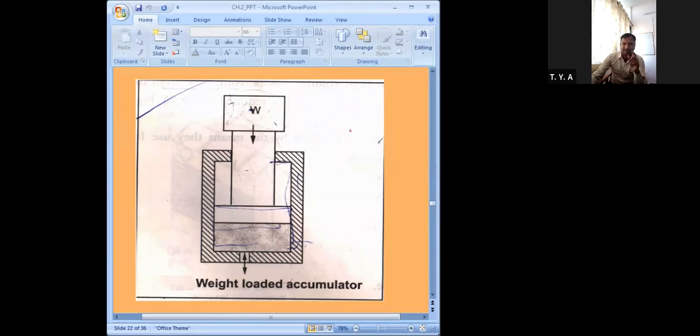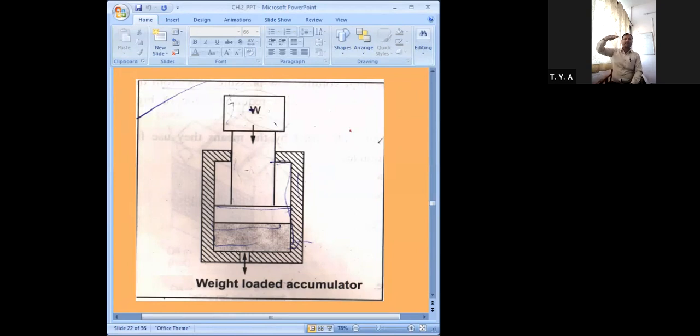Why will the piston or plunger move? Because it will exert pressure on the hydraulic oil. Whatever the black surface is here, in that portion you will have the hydraulic oil, that means the pressurized hydraulic oil.